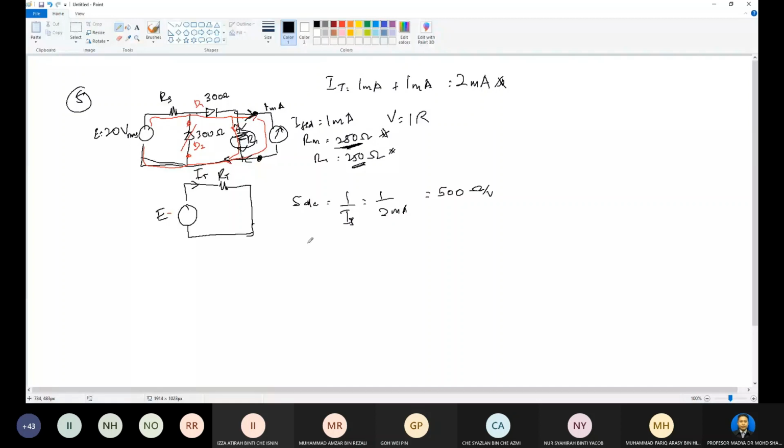Then calculate the sensitivity for AC: 0.45, because this is a half wave rectifier, multiplied by the DC sensitivity of 500.